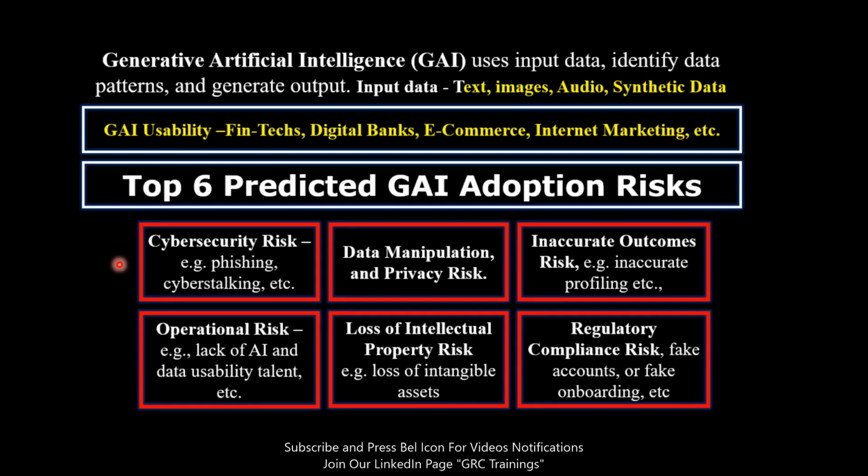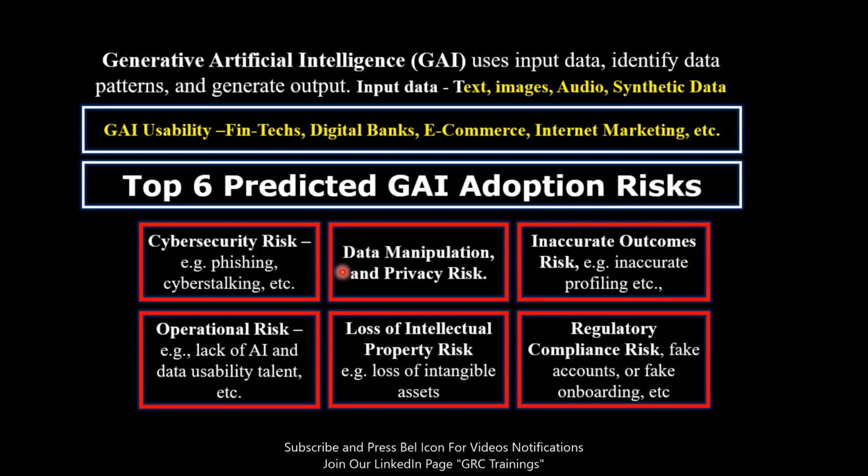Therefore, management or the banks should consider implementing appropriate internal controls to avoid the cybersecurity risk that is increased through the use of generative AI. The AI bots should be controlled by the management, and appropriate robust parameters should be defined so that the AI bots cannot manipulate the data themselves.